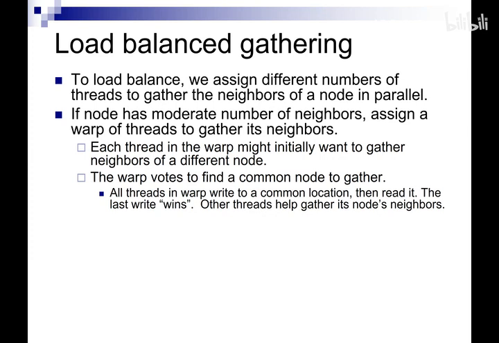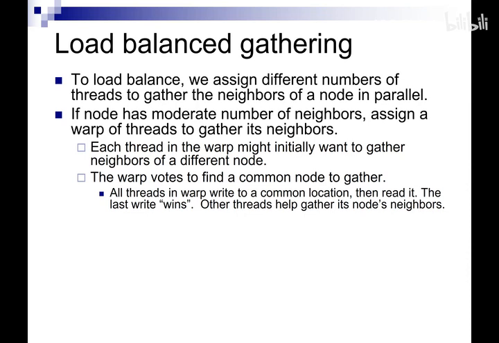If you have 32 threads with IDs 0 to 31, and it turns out that thread number 18 was the last one to write, then the final value of that memory location is going to be 18. That means 18 wins the vote.